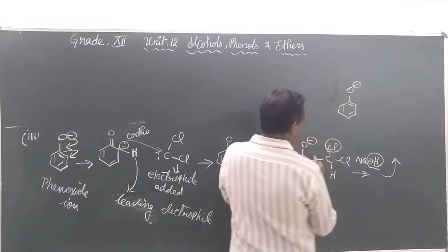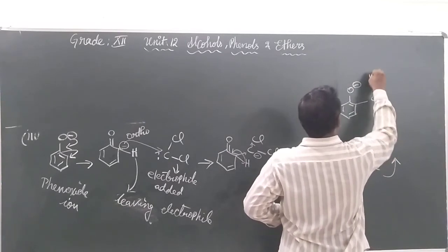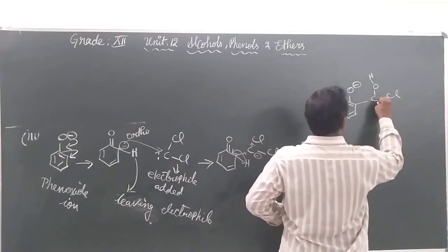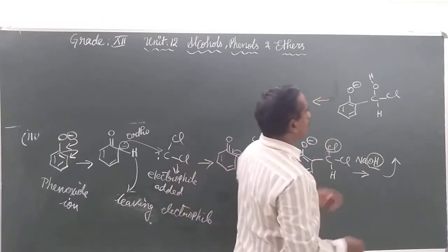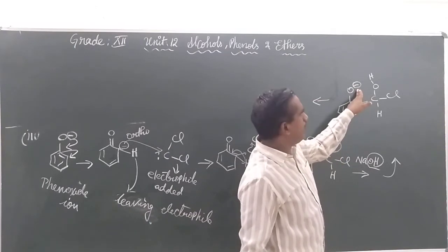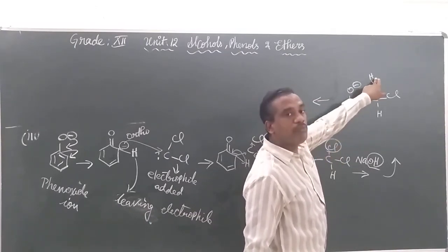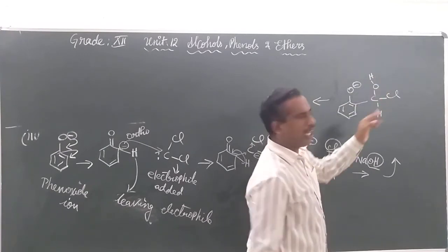O minus, C, OH, a chlorine is there and a hydrogen is present. Please observe, the negatively charged oxygen is going to take up the hydrogen that is present on the carbon in the form of alcohol.